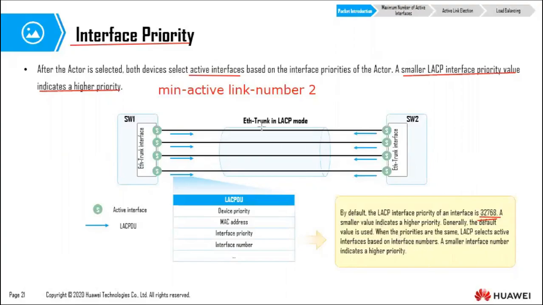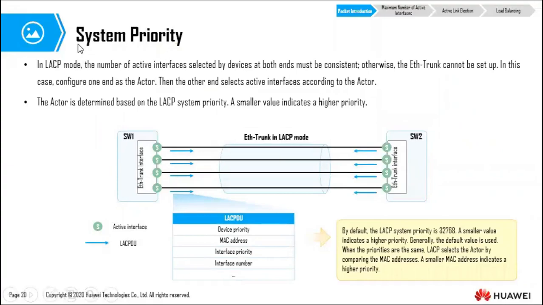Now, by the way, just like in STP, if the default values for the system priority and the interface priority are the same, what do we go to next? If the system priority of both switches is the same, 32,768, the default, what do we compare next?